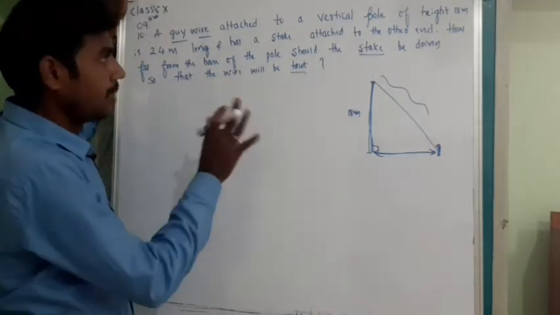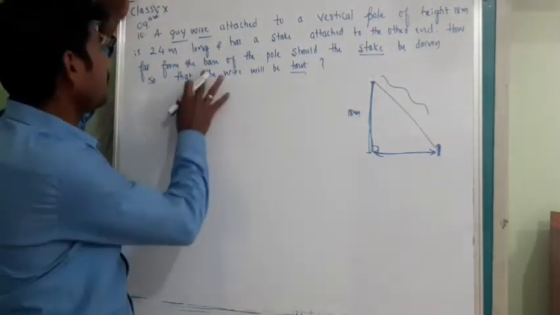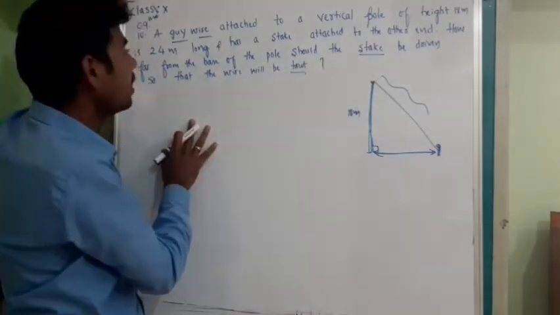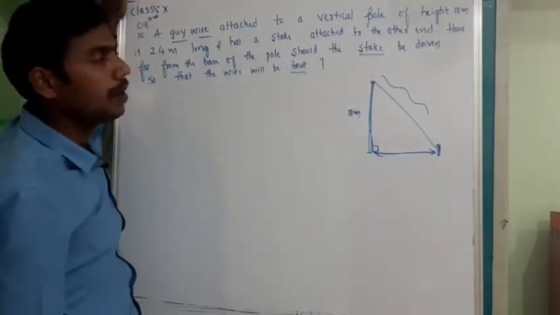How far from the base of the pole should the stake be driven so that the wire will be taut?